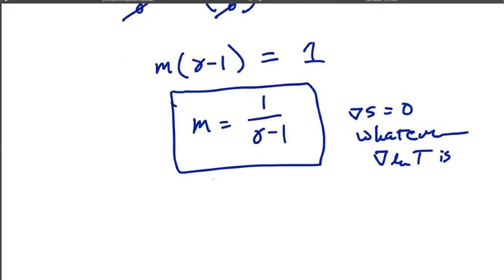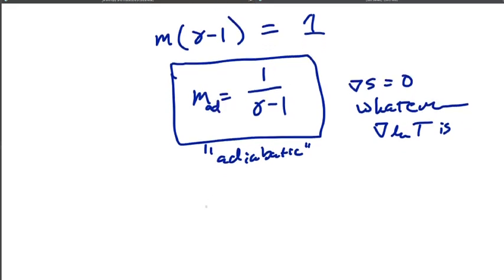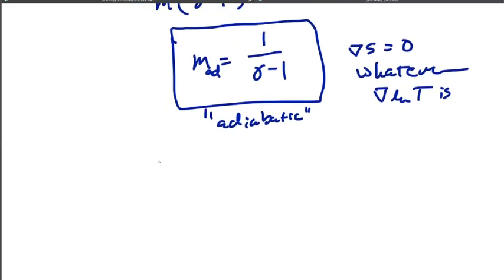Because of that, we call this the adiabatic polytropic index, and you'll sometimes see it denoted m adiabatic, m AD. And we've met this before. As a reminder, recall that we know gamma for different ideal gases. So if gamma takes various values, m adiabatic will take other values.